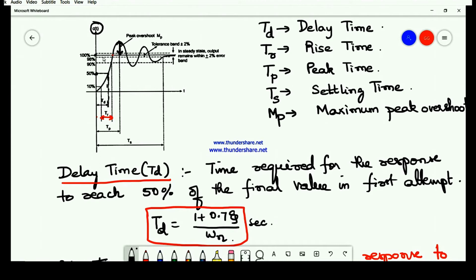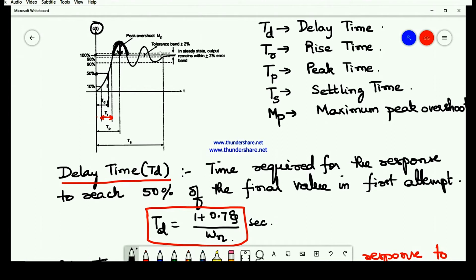We measure it above the 100% line. The curve is an error actually, because we need to reach 100% output, but whatever the curve extends beyond 100% is an error in the time response of the second order system.